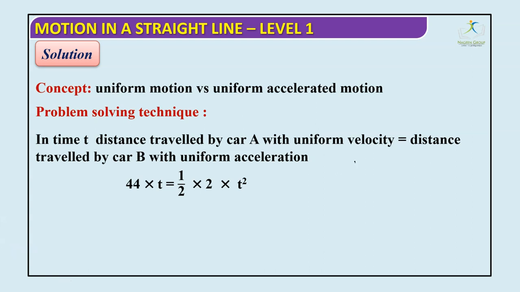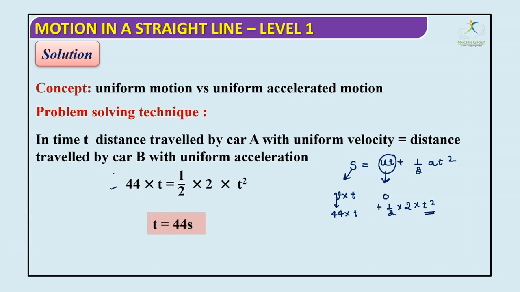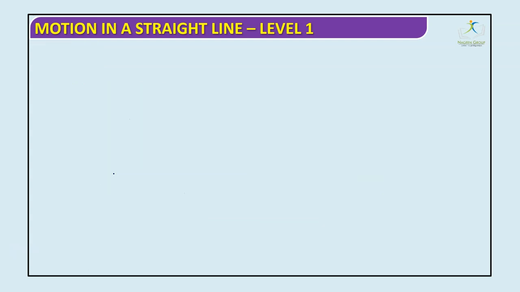We know that S is equal to ut plus half at square. The initial velocity of car B is at rest. Distance is equal to velocity into time, so velocity is 44 times t, equal to half a, which is 2, times t square. We have to calculate t. I'll just put all these values here. I hope you understand. So we get the value of t, which is 44 second. Hence the correct option for this question is first.